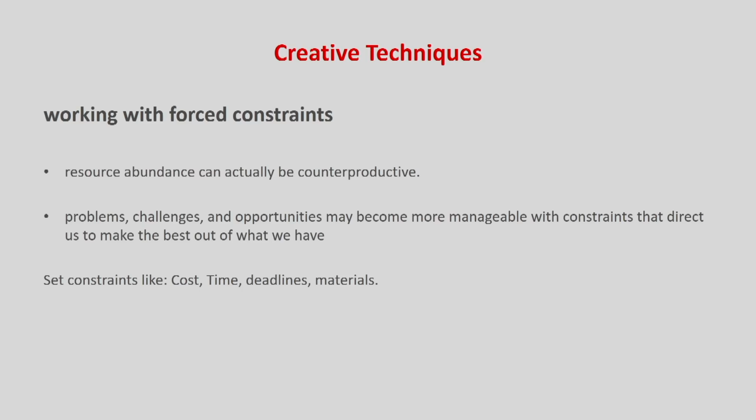Problems, challenges and opportunities may become more manageable with constraints that direct us to make the best out of what we have. So, if we set or define a direction, it becomes more manageable to think about certain concepts in a more detailed way.